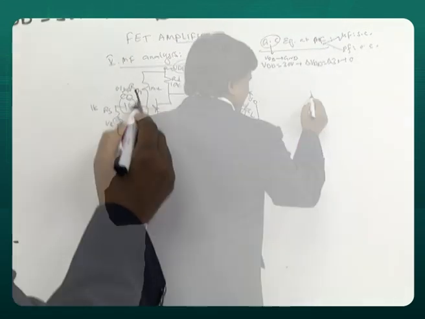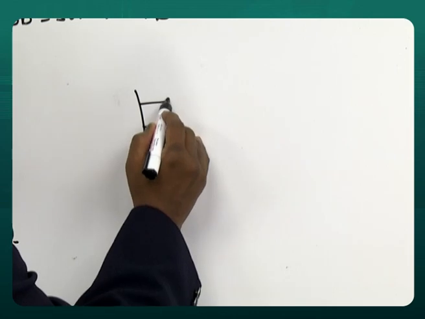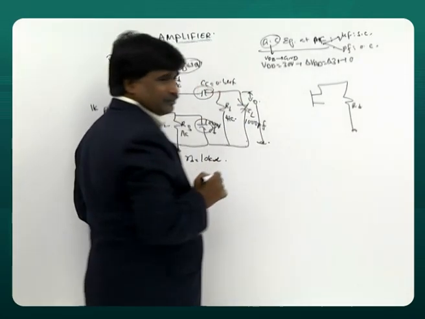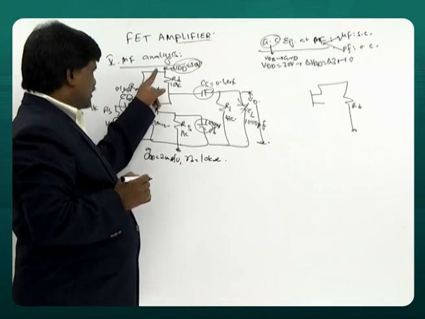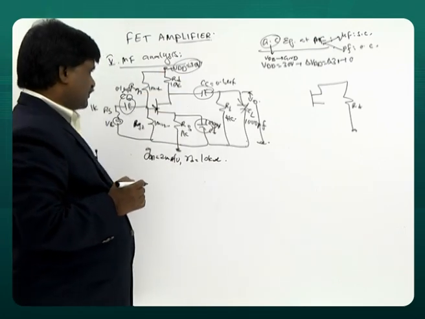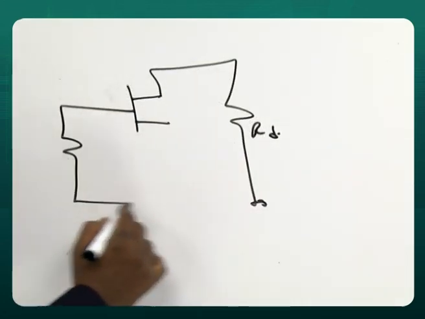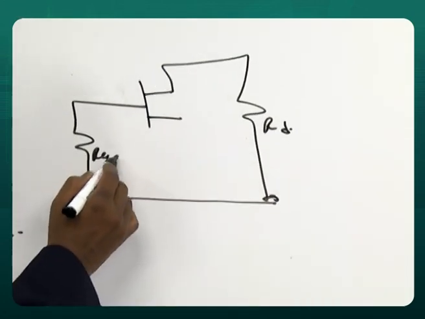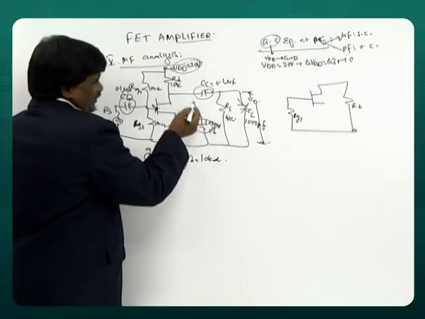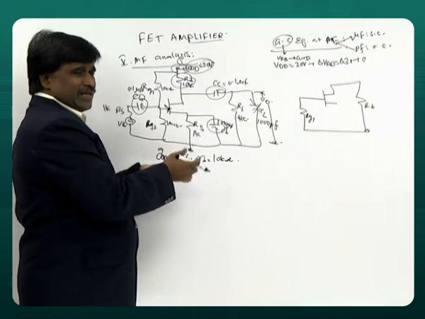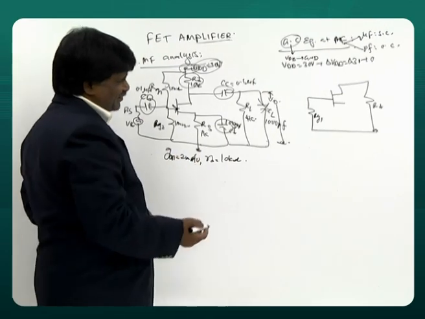Suddenly, supply comes down. Because we said supply is grounded. And not only that, even this RG is also coming down. So this coming down and this coming down, because this itself is coming down, it's just like a folding down actually.